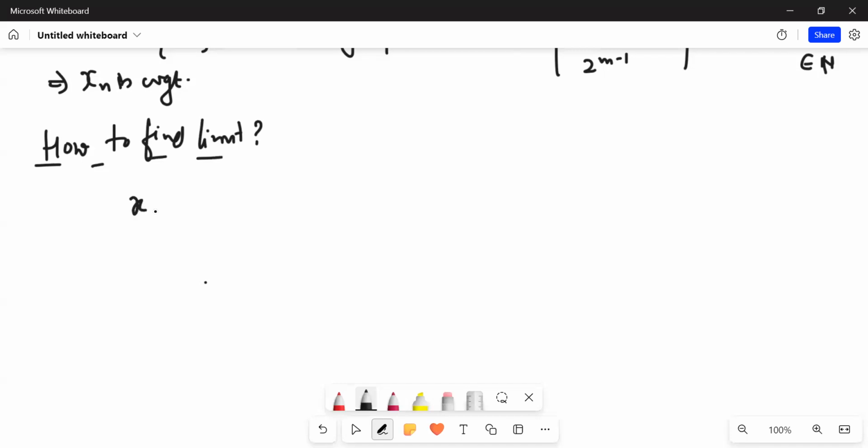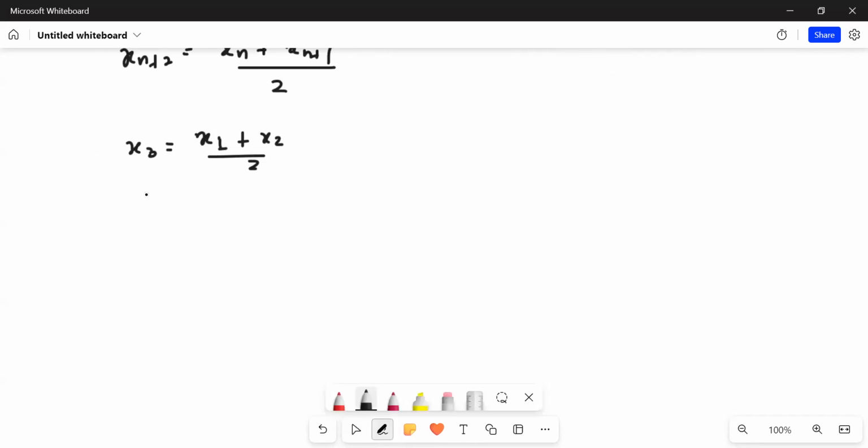So how will I find the limit? xn plus 2 is equal to (xn plus xn plus 1) upon 2. This was what was given. Now I'll try to do something. Let's say I place n equals 1. I get x3 equals (x1 plus x2) divided by 2.